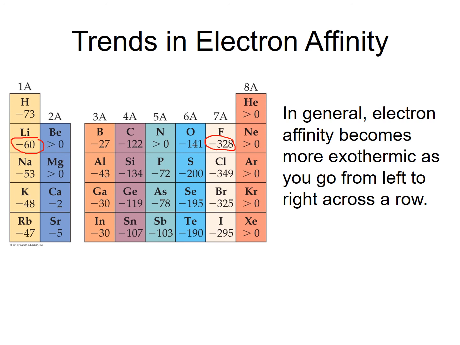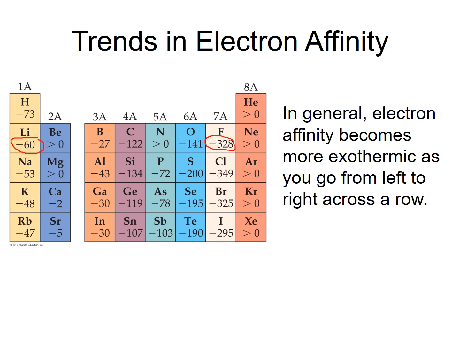The noble gases don't take on extra electrons. It's a rare enough process that it's probably not even measured. But at any rate, it takes a lot of energy to add an electron to neon, because neon already has a filled shell, as do all the other noble gases.